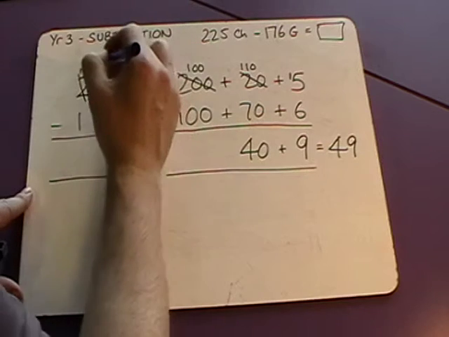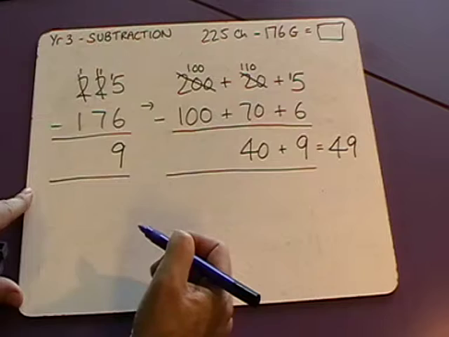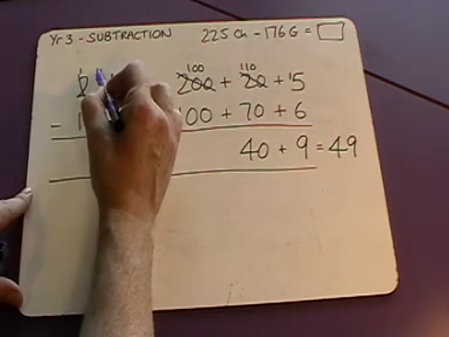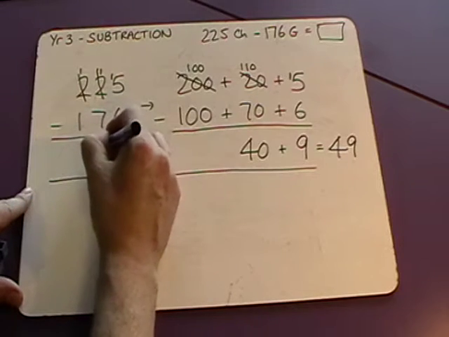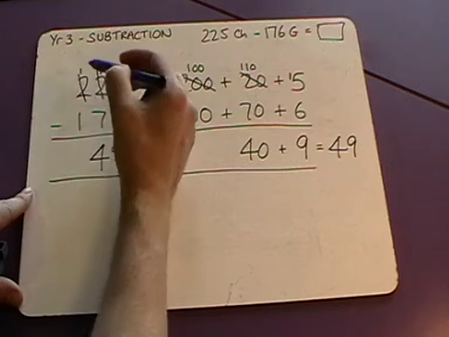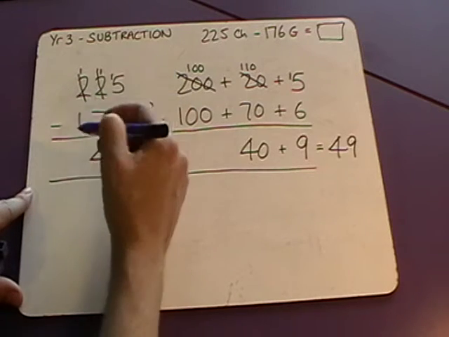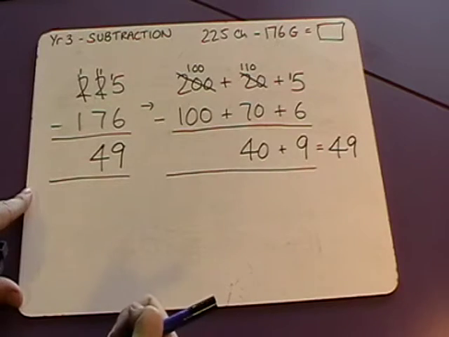We'll leave 100 there, and we put it in this column, and that gives 11 tens. We've exchanged 100 for 10 tens, making 11 tens altogether. 11 tens take away 7 tens is 4 tens, or 40. 100 subtract 100 is 0. We don't need to put the 0 there, and it leaves us with 49.